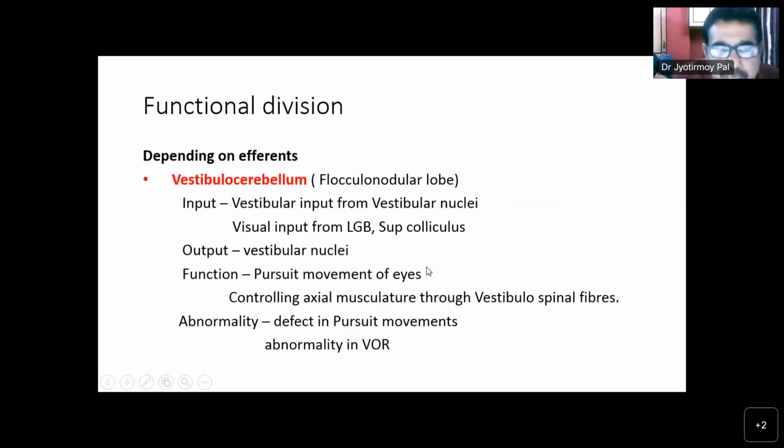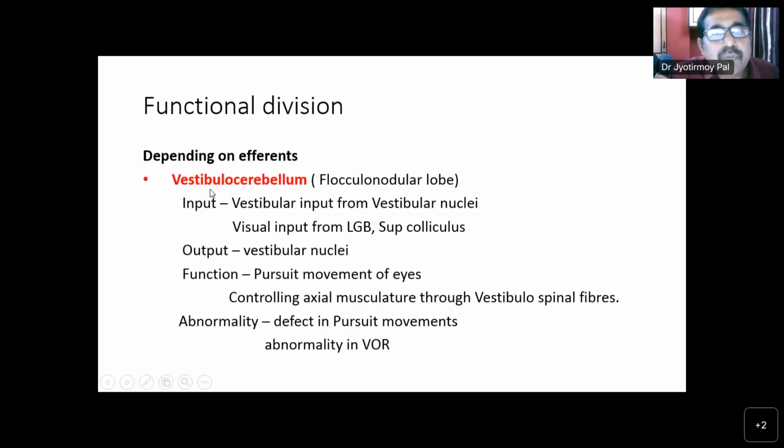Now going into slightly more detail of the vestibulocerebellum, it gets input from the vestibular nucleus and superior colliculus. That means visual and vestibular input, and output is again to the vestibular nuclei. Its function is basically the pursuit movement of the eyes and control of the axial musculature.